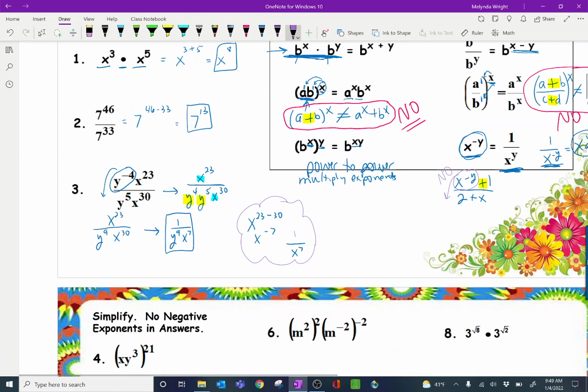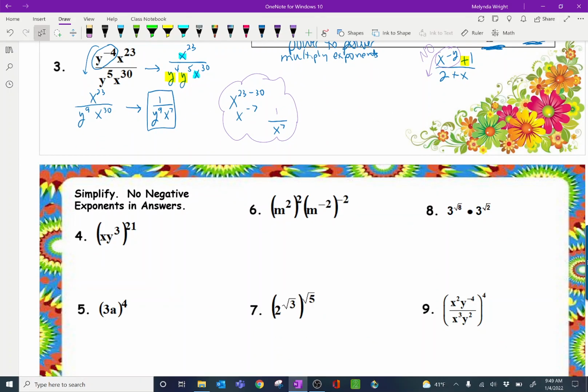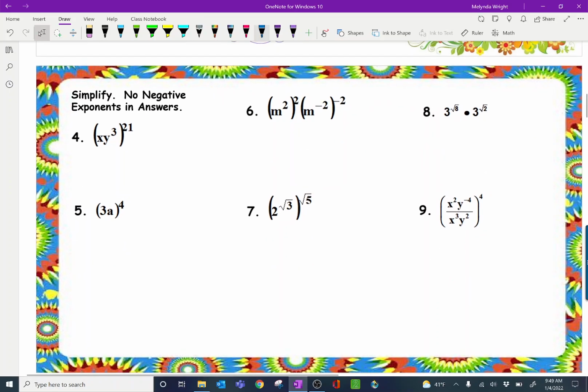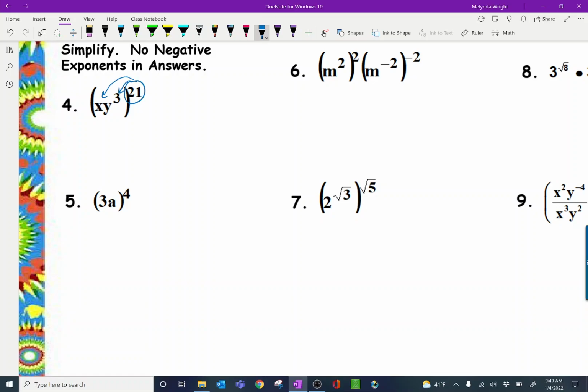All right, let's go to the next page and work some more examples, just to make sure we're really understanding what's going on. Okay, so we've got power to power going on here on number 4. I'm going to rewrite this. I'm going to take this exponent and distribute it to each of the exponents.